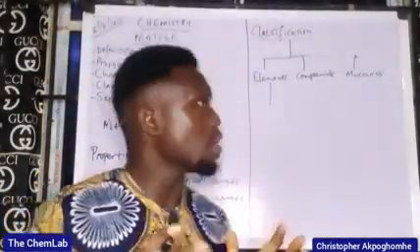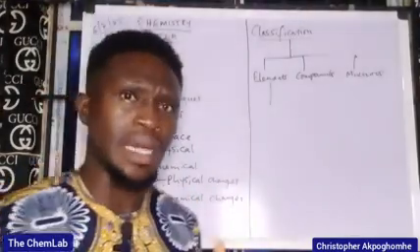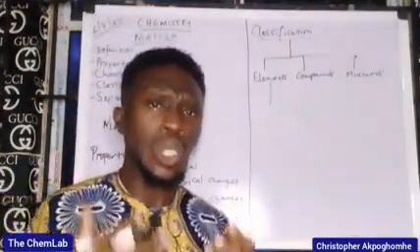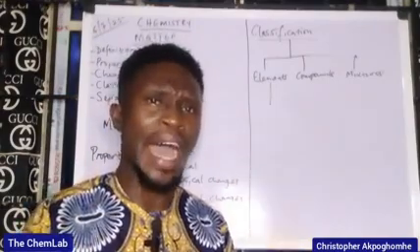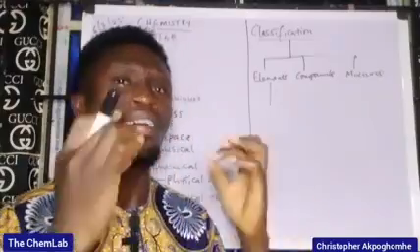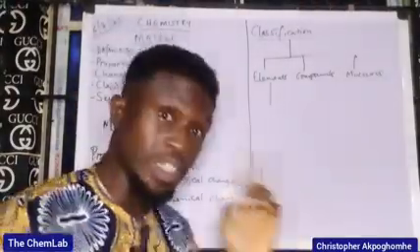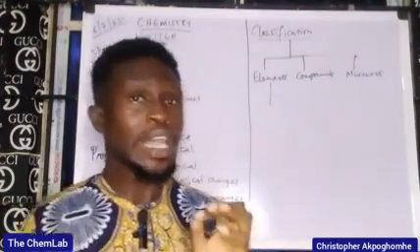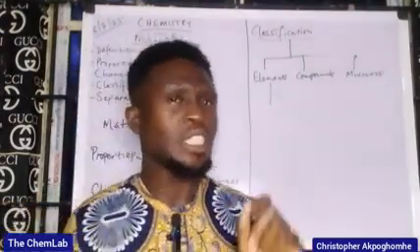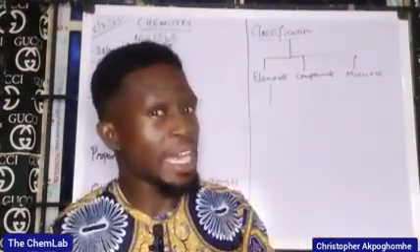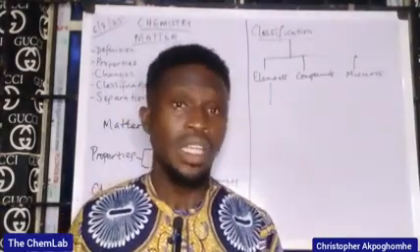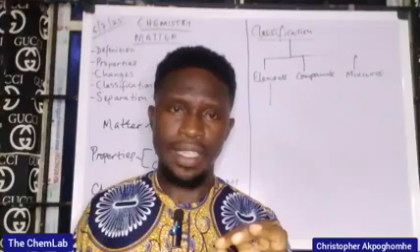Now, an element is a substance or a form of matter that cannot be split into simpler units by an ordinary chemical reaction. Now, take note of the definition I just gave. Now, listen.